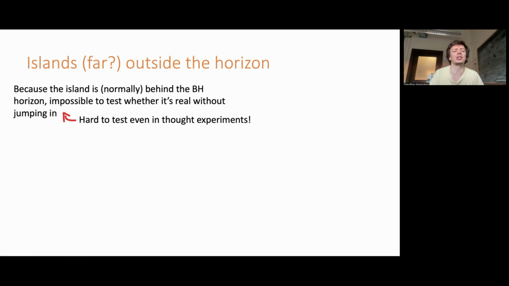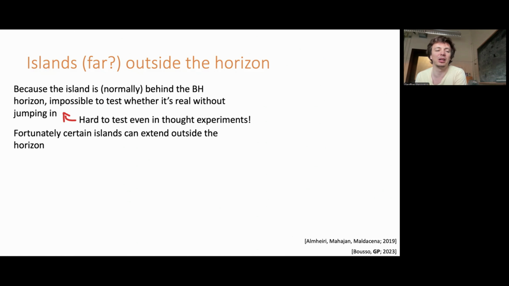Even if we do thought experiments, even if we don't have to die because it's just a thought experiment, then the best ways we know to do thought experiments involve using things like AdS/CFT, sending some probe in from infinity and then getting that probe back out so we can really do a well-defined calculation. And even in those thought experiments, therefore, we're really limited in what we can probe behind a horizon.